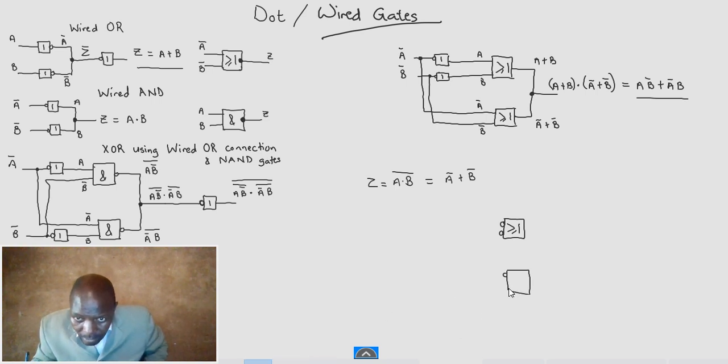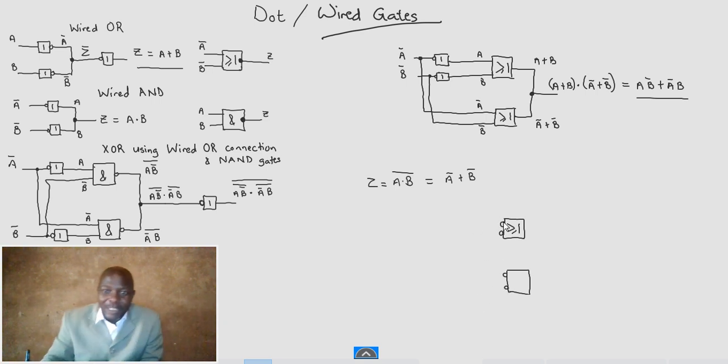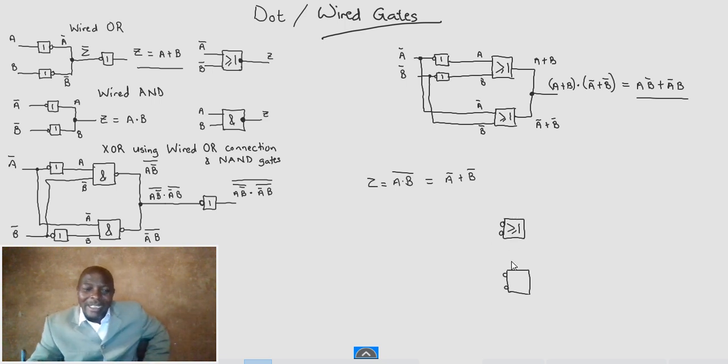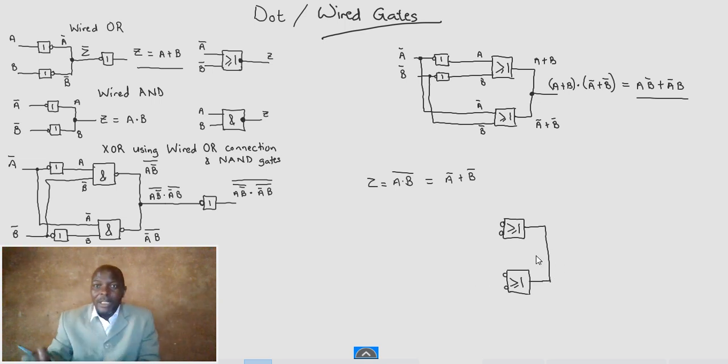Alright. So I'm as good as having, if I invert the inputs, this is as good as using NAND gates. This is as good as NAND gates. Now, okay, this is me using NAND gates.